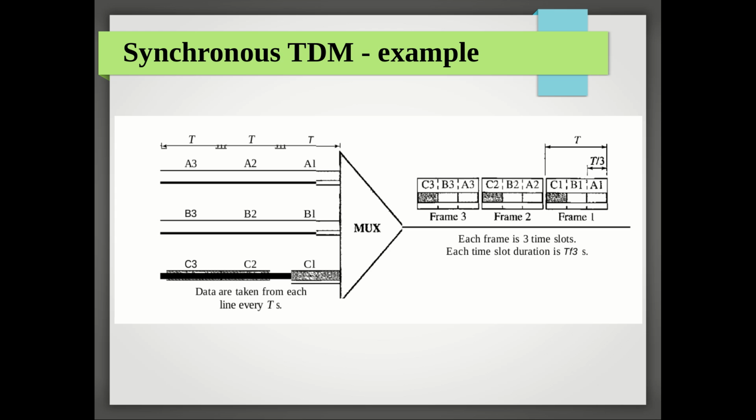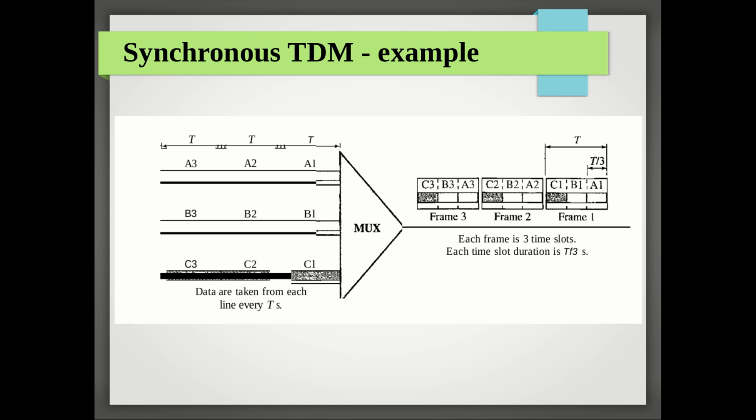So I have an input line with a data rate of say 10, or some x. Let me take it as 10 units per second. Now what does it mean? 10 units per second means in every second 10 units are transmitted.